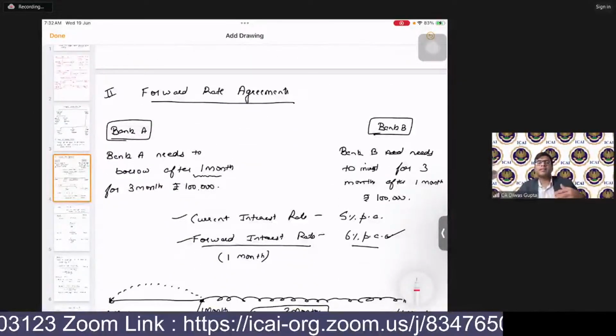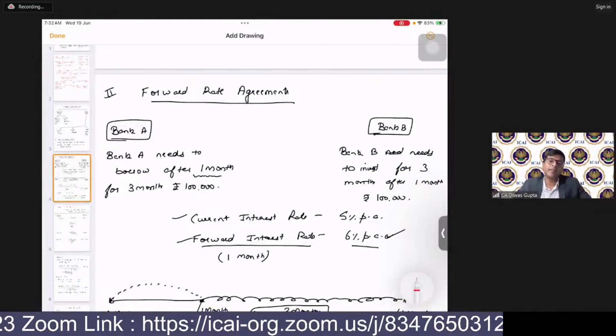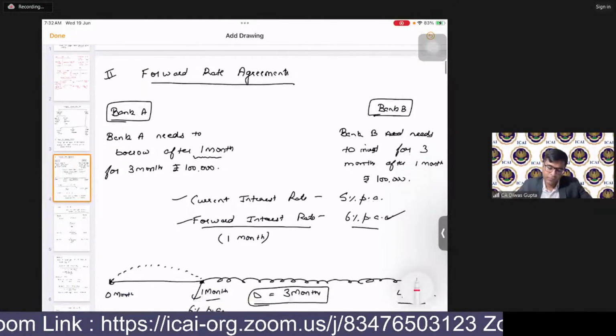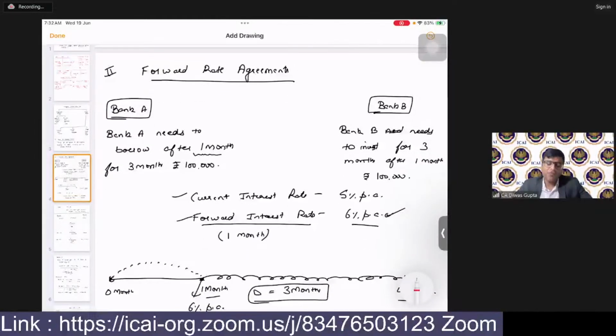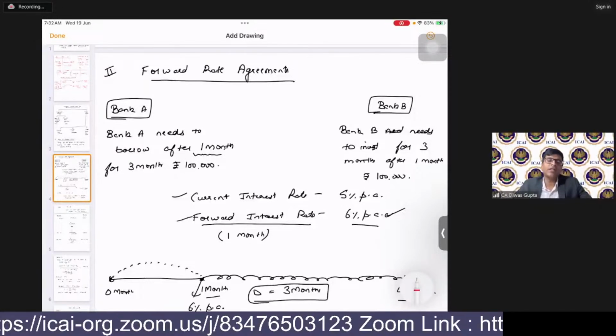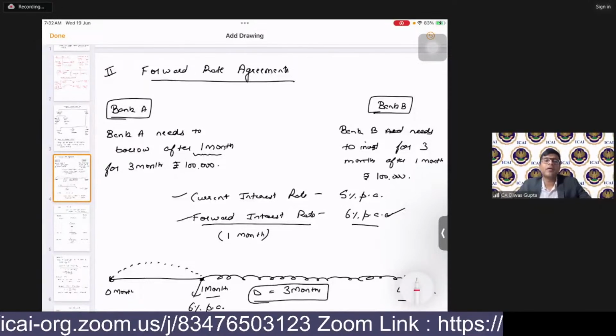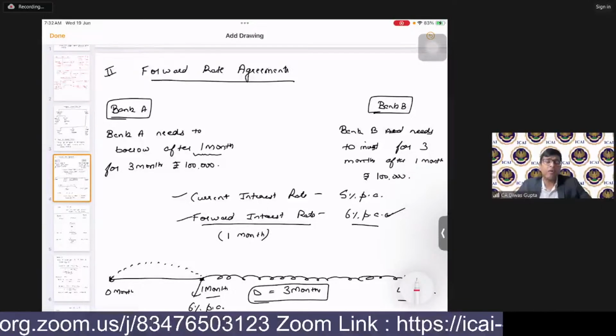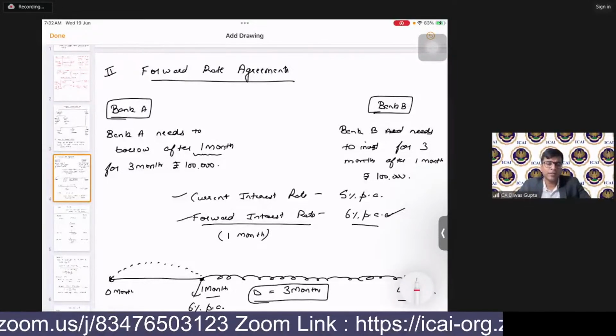Now, the second part is the forward rate agreement. In the case of forward rate agreements, students, we used this case study to understand the background of the forward rate agreements.